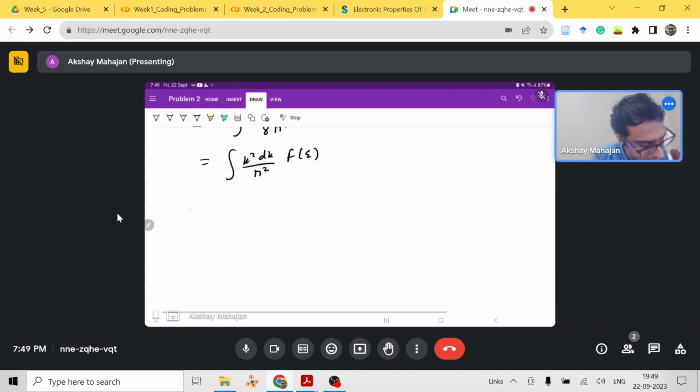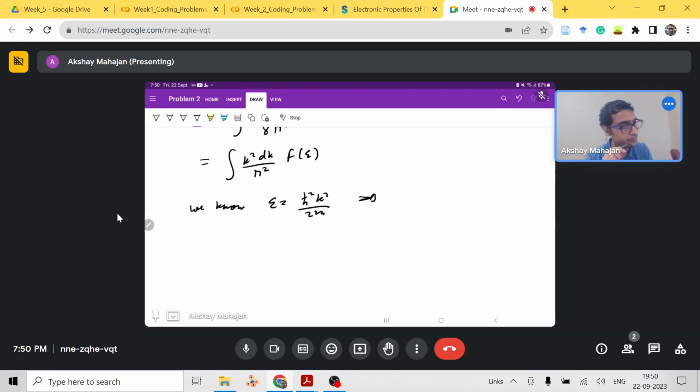Now we know epsilon is equal to h-bar squared k squared by 2m. This is for the free particle case. We have k equal to the square root of 2m epsilon upon h-bar squared.